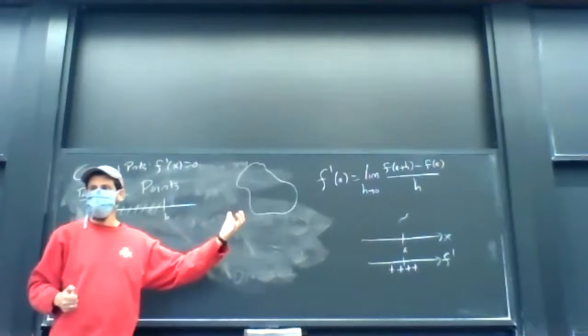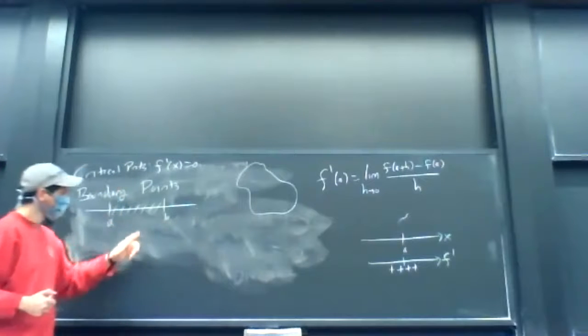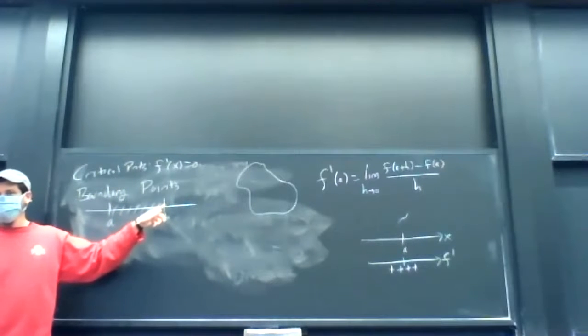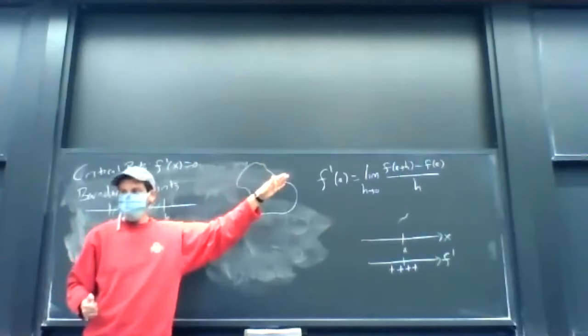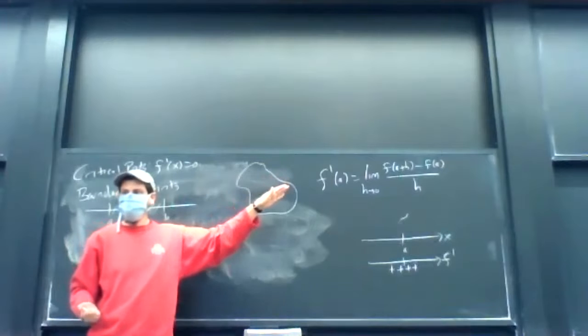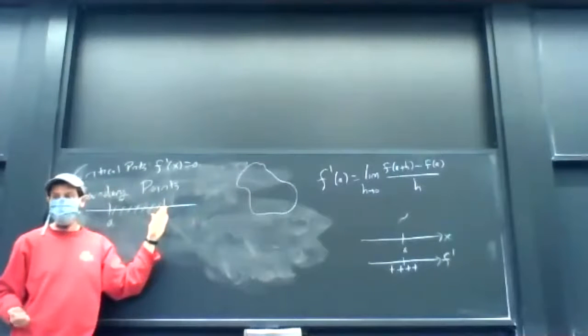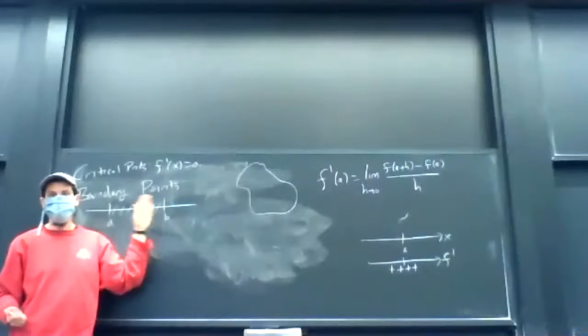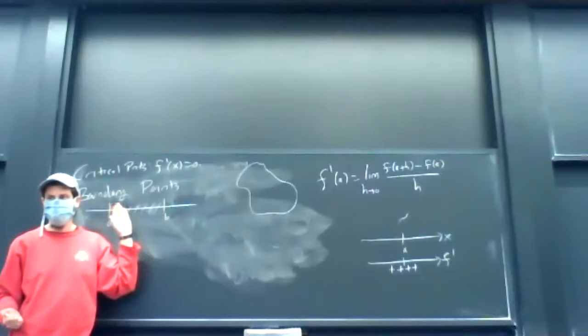Unless you hit the boundary. If I hit B, it's okay if my first derivative is positive. Saying if you let time go further, you'll be even higher. Okay, but I'm not allowed to have time go further. I'm stopping at B. So that's why you have to check the boundary separately.